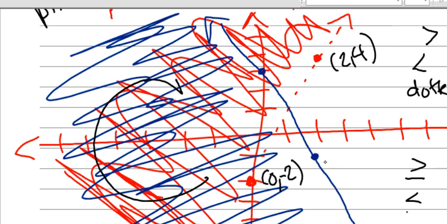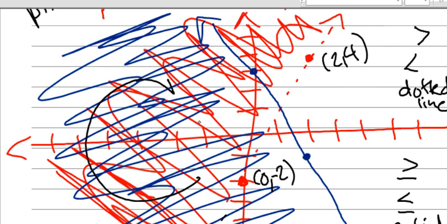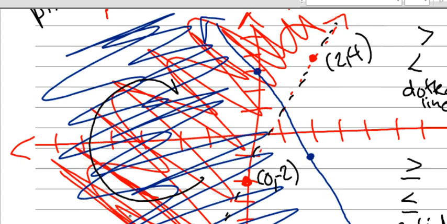If it has an equal to on the bottom, it's a solid line. So I'm going to connect those two, as you can see here, with a dotted line. And then since it's a greater, I'm shading in red. So if you see all the shading in red, that's above the dotted line.